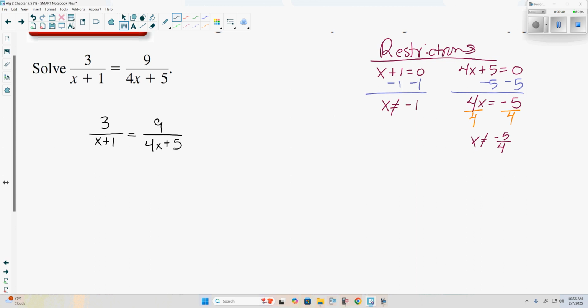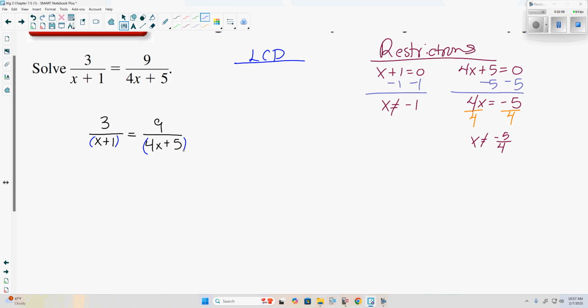Now, just like with our complex fractions, the first thing we're going to look for to make these easier to solve is the least common denominator between these two terms. We need to make sure that neither one of these factors simplifies further. x plus 1 is as simplified as it gets, and 4x plus 5 is as simplified as it gets. There's nothing in common with the x and 1 or 4x and 5.